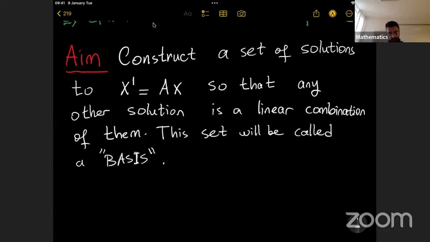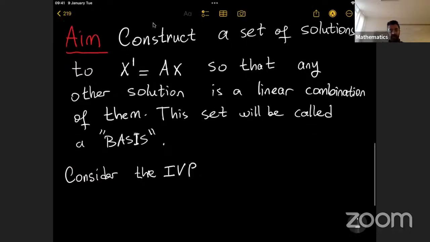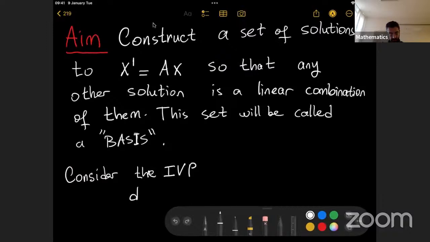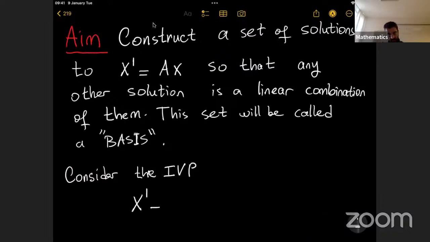Now let's consider the initial value problem. Again, we have a system of equations, x prime is equal to A times x, and let's put it here, vectors.